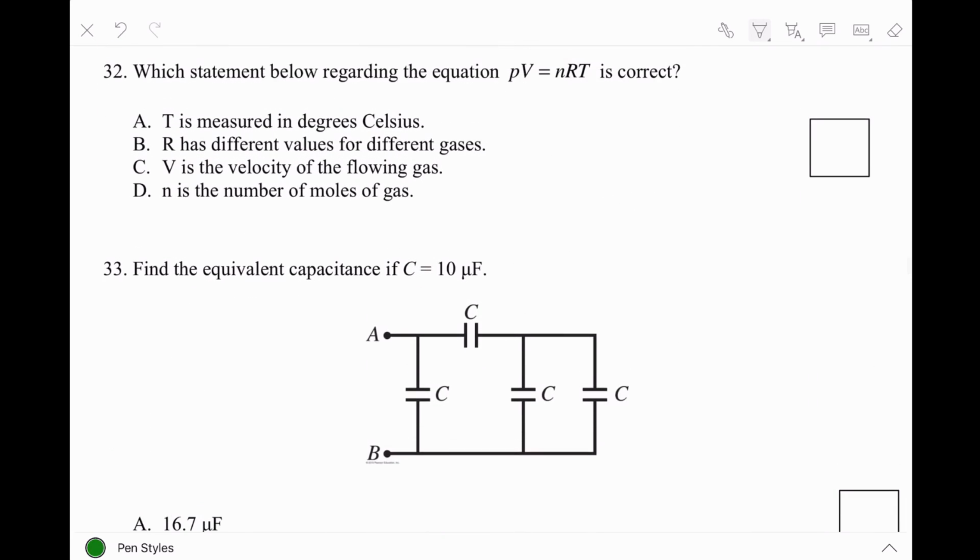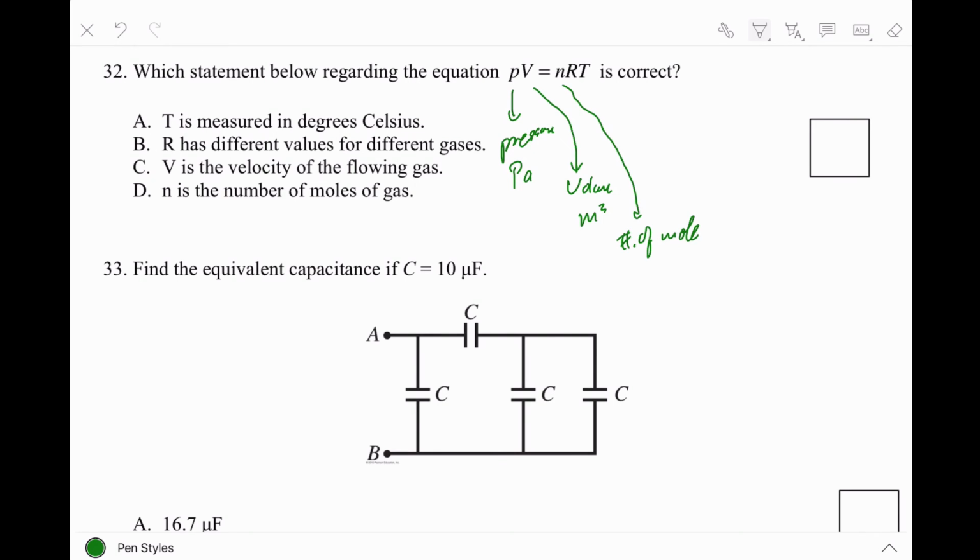Number 32. Which statement below regarding... now this is all about whether you can recognize an equation. The P is what? Pressure. So pressure is measured in Pascal. V is volume. So it's meter cube. n is number of mole. All right.